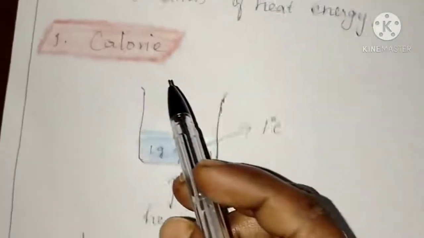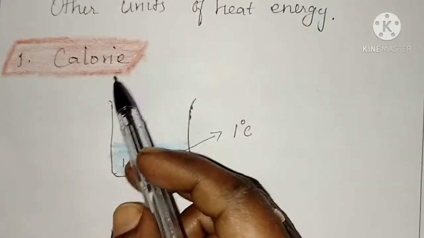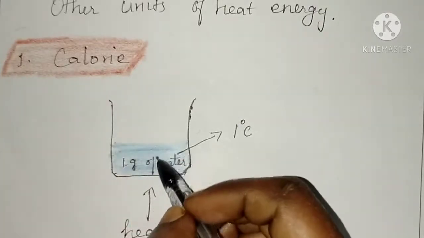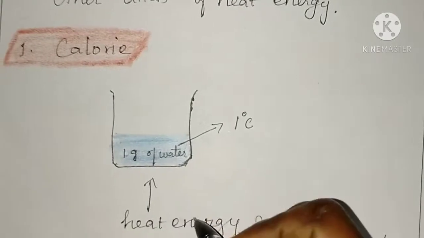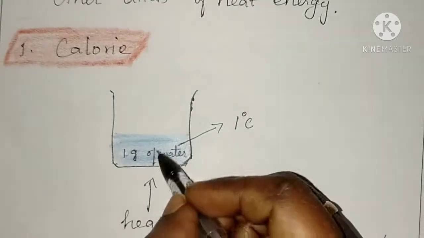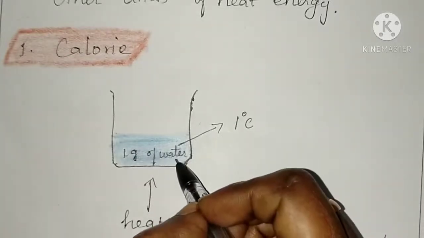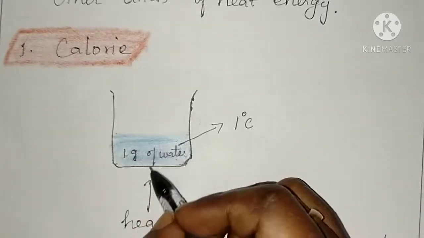First we are going to learn the definition. What do you mean by calorie? Calorie is defined as the amount of heat energy required to raise the temperature of 1 gram of water by 1 degree Celsius. Here we have taken 1 gram of water.